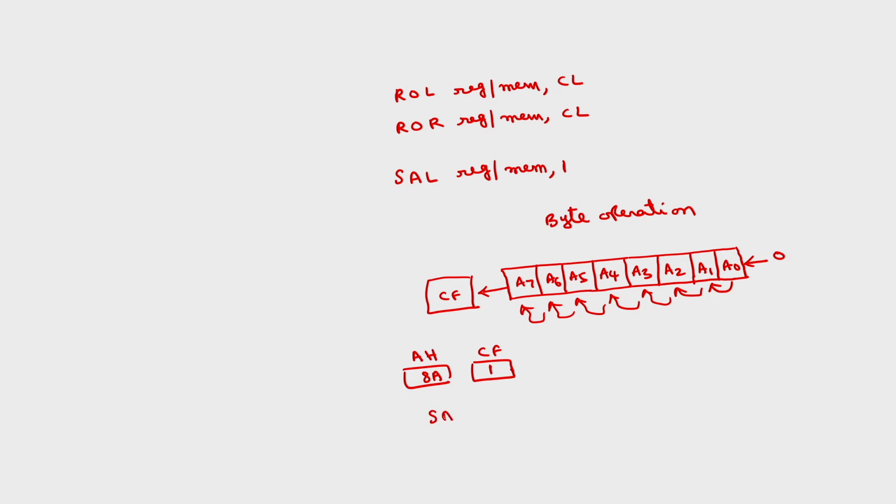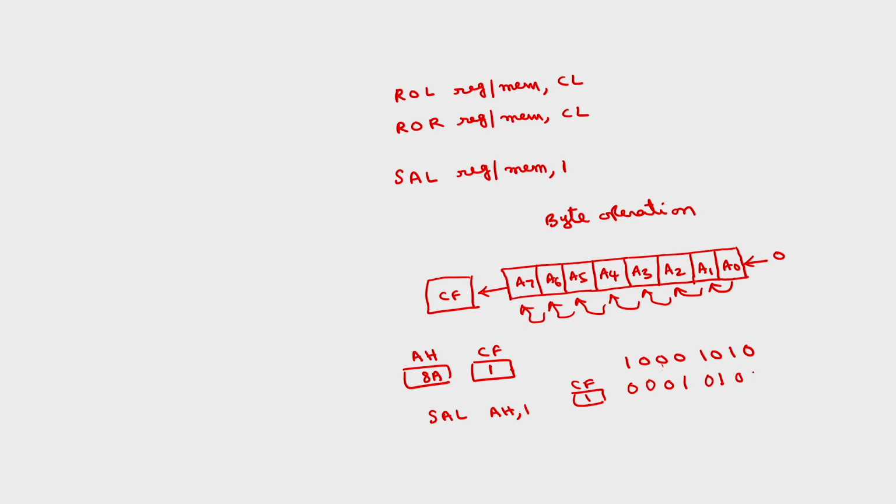If I write SAL AH, comma 1, then 8A will be 1 0 0 0 1 0 1 0, and if you shift left by one bit position, this 0 will move here, this 1 will move here, this 0 will move here, this 1 will move here, this 0 will move here, this 0 here, this 0 here, and this 1 will be moved to the carry flag. Initially the carry flag was set, and now also it remains set.